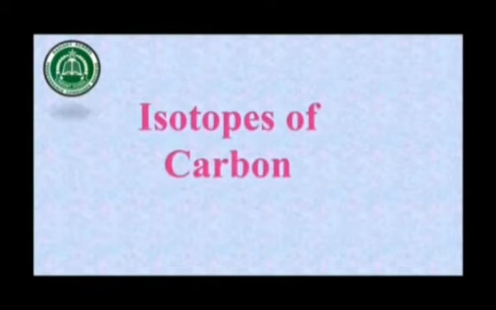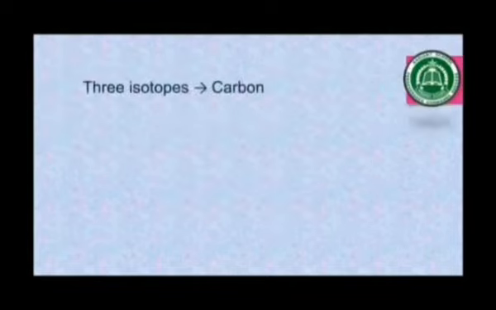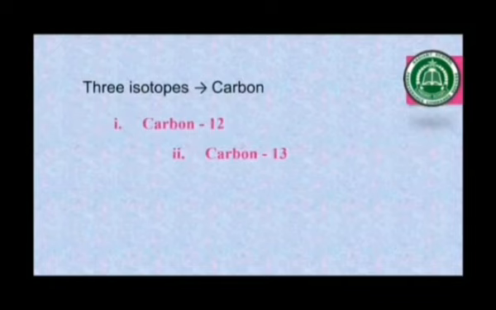The next element is carbon. So we will discuss the isotopes of carbon. Carbon has 3 isotopes. Number 1, carbon 12, then carbon 13, and then carbon 14. Now you can understand it very easily. These numbers 12, 13 and 14 are the different mass numbers.